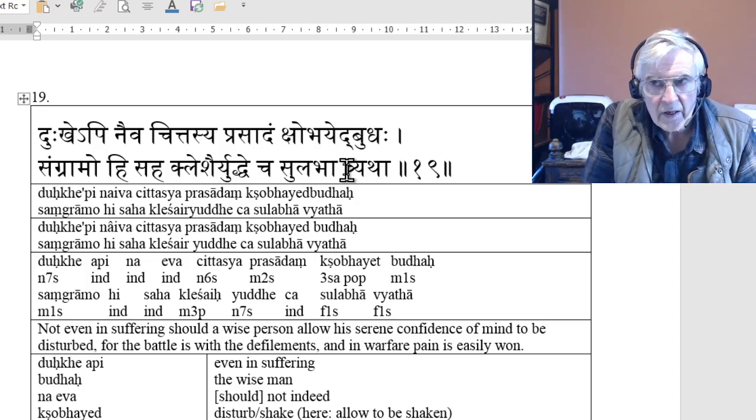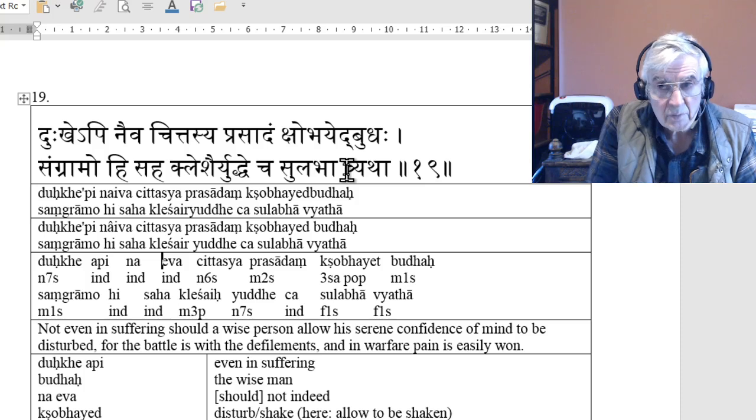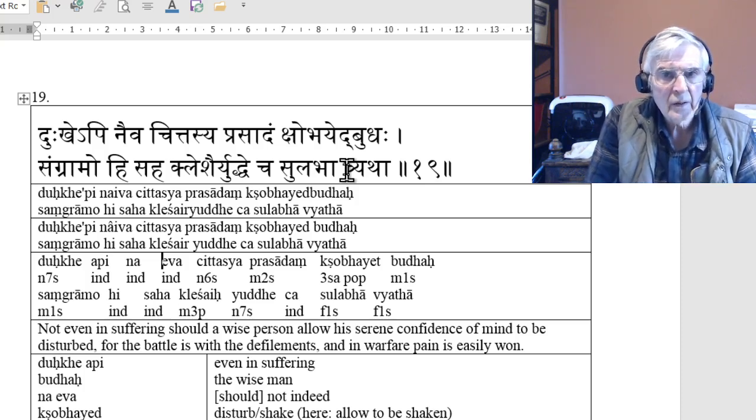He should not allow the prasadam of his chittasya to be disturbed, though I confess I'm not totally certain what the force of the eva is. Normally, eva does have a very distinguishable force and meaning to it, which should not be omitted from the translation.